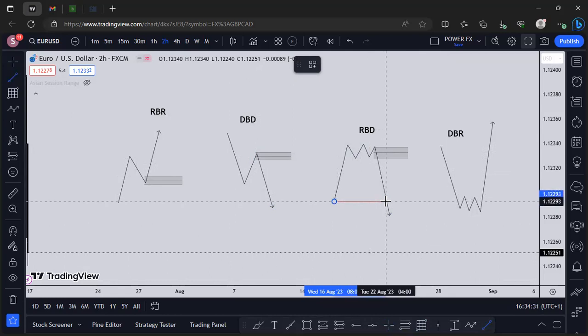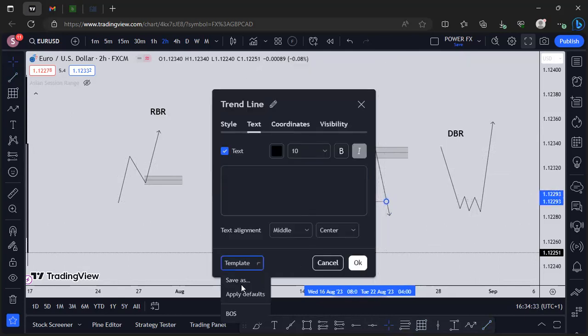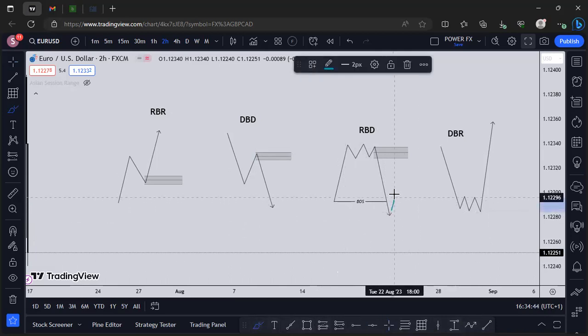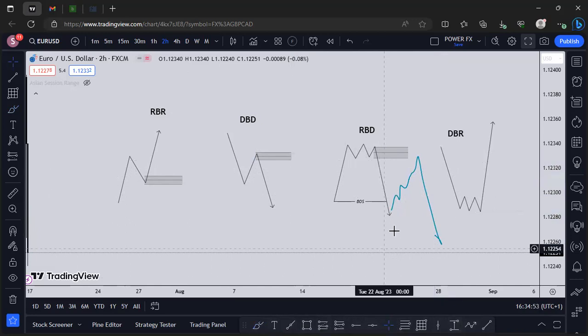Here's the break of structure. Here's the break of structure. What you want to be looking out for on this particular one is for price to rally all the way to the upside, then drop.